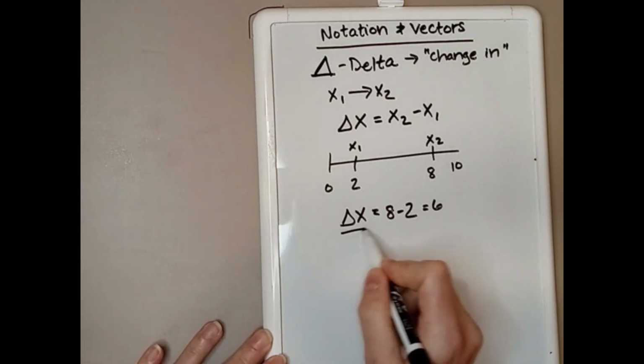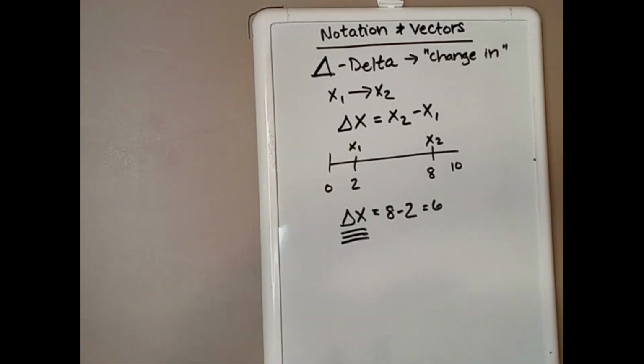So this delta x quantity is what we're interested in. Most of the time that's how I'm going to say it. I'm not going to bother saying the change in x. I'm just going to say delta x, and that's what I mean.